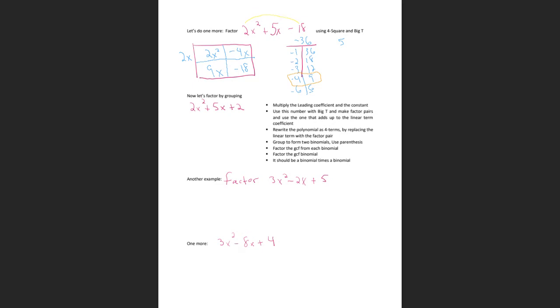So I need an x there, and looks like a negative 2 there would work. I need a 9 here, and 9 times negative 2 does give me this negative 18. So that looks like we've completed the edges. So that should give us then the 2x plus 9, and then we have then this x minus 2 as my factorization.